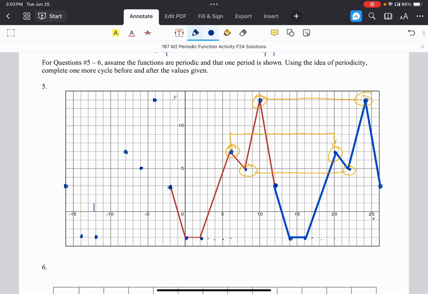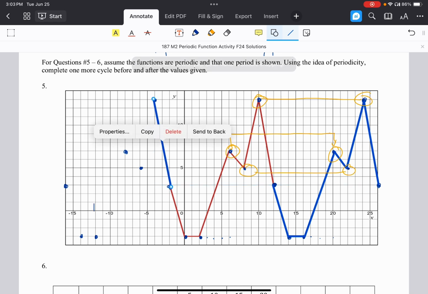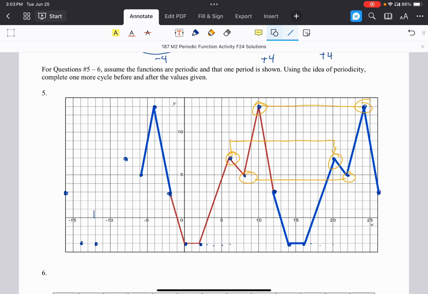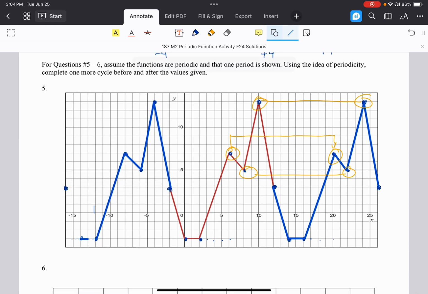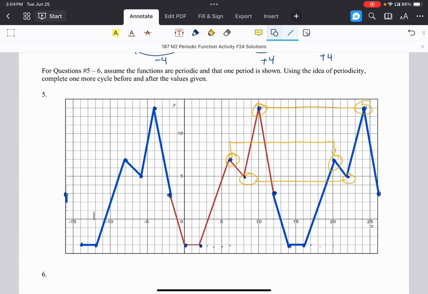So I'm working backwards this time, but it's the same idea. And I can use my line tool to connect again. And ta-da! I have 3 periods now drawn of my periodic function.